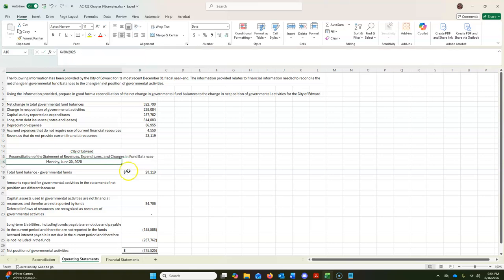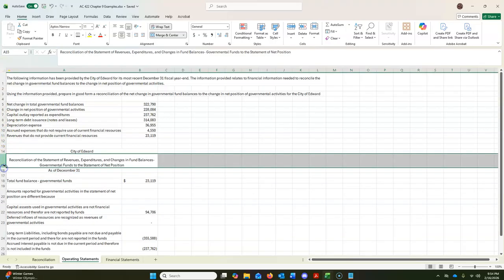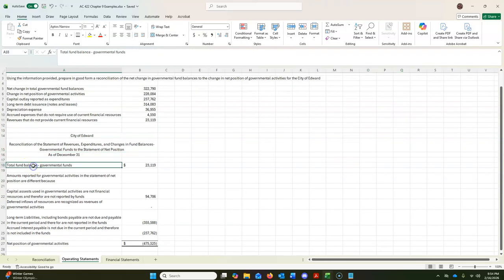This is December 31st. So here we have the net change in fund balance.